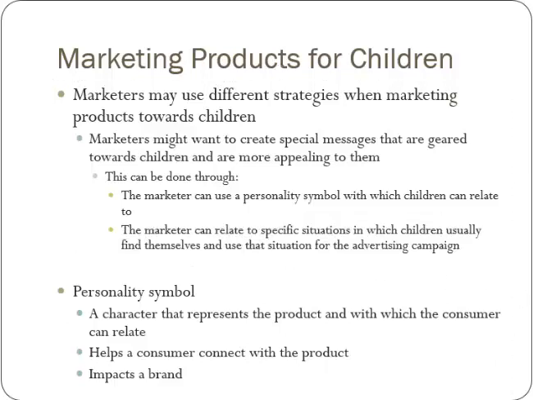For example, if you're advertising a breakfast cereal like Frosted Flakes, I remember when I was a kid, we used to see those Frosted Flakes commercials where Tony the Tiger would be involved in some sort of sporting event, like a baseball game, something children are more likely to be involved in than adults. And they'd show how the breakfast cereal would help you win the sporting event, or ace the test, or whatever it is. You establish a situation that children are likely to be in and are likely to identify with.